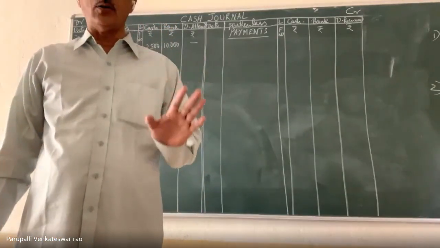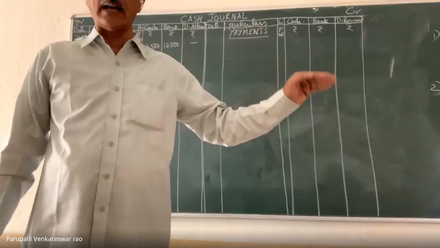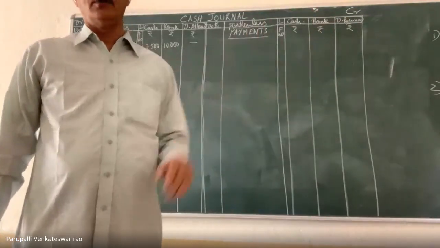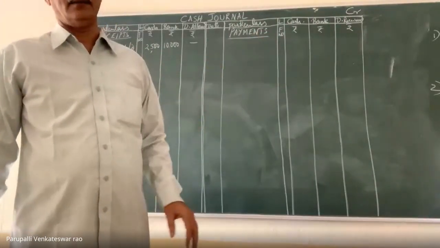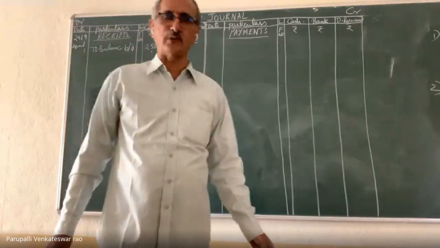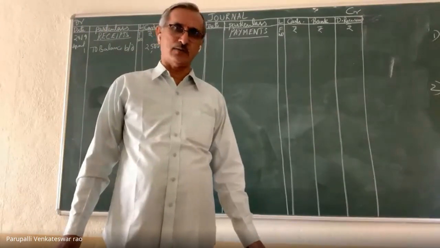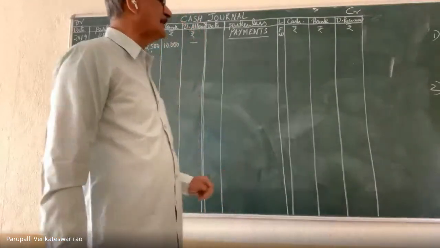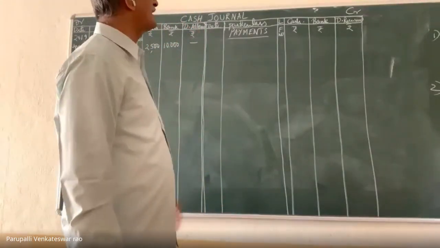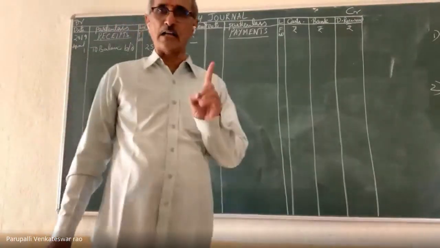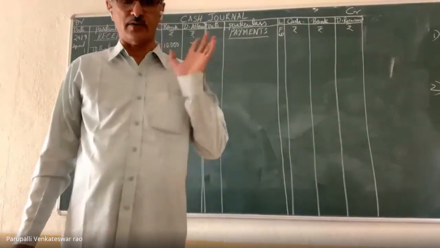The discount allowed and discount received every month, the entire amount we shift to the ledger. There we record the entire amount in their respective accounts. That is, discount allowed is recorded in the discount allowed account. Discount received is recorded in the discount received account. So that is not carried to the next period. Only cash balance and bank balance are carried forward.